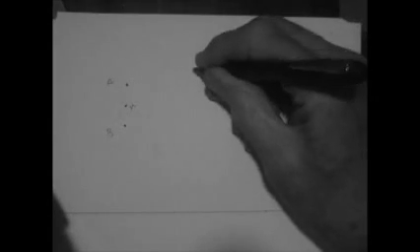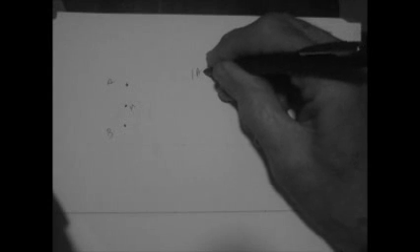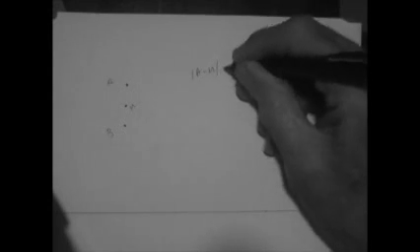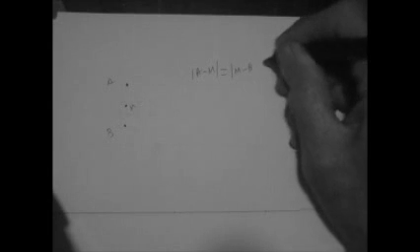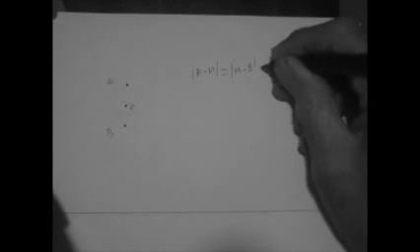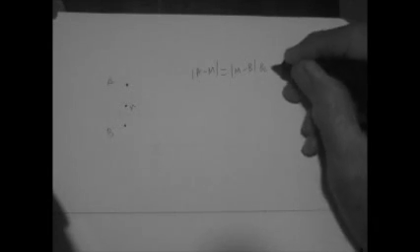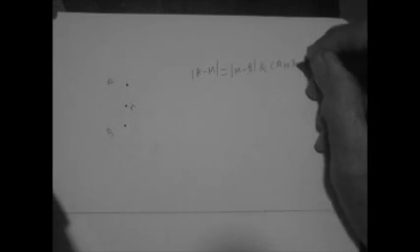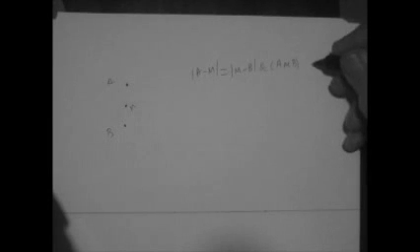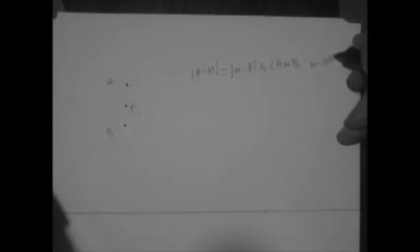So, if the distance from A to M is equal to the distance from M to B, and M is in between A and B, then that's what I mean by a midpoint. That's my definition for midpoint.